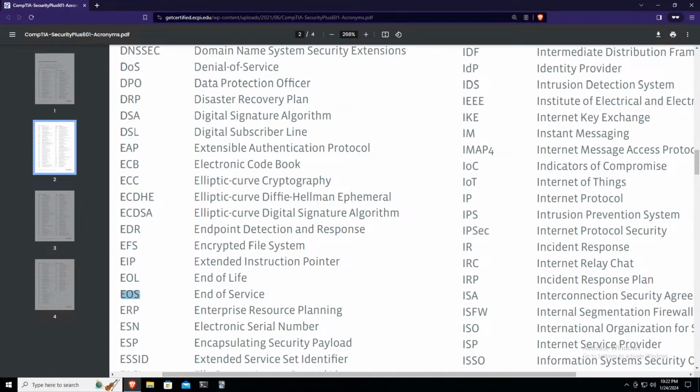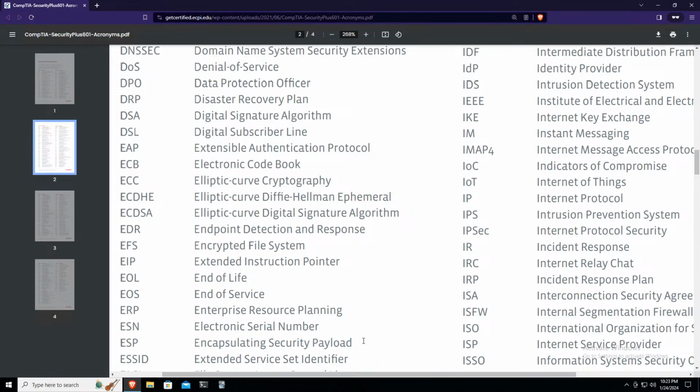ESN, electronic serial number. Yeah, the name kind of says it. It's a serial number that's electronic on a device. ESP, encapsulating security payload. I believe this can be related to Metasploit.